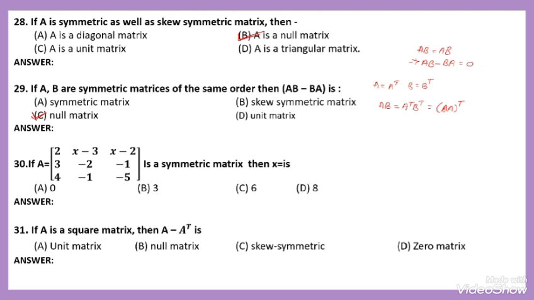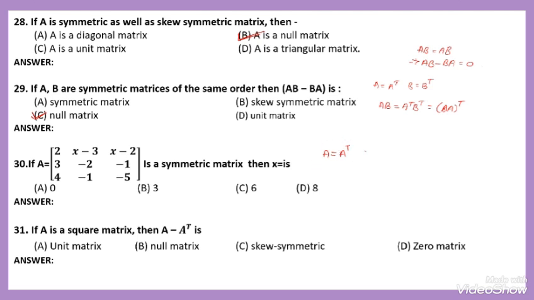Again, question number 30. If A is a matrix containing the elements 2, x minus 3, x minus 2, 3, minus 2, minus 1, 4, minus 1, minus 5, and it is a symmetric matrix, then find the x value. Here I will take A is equal to A transpose. This represents the symmetric matrix.